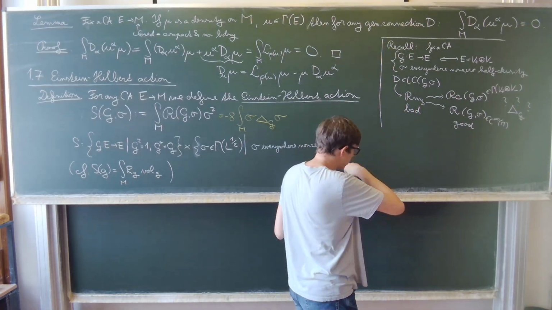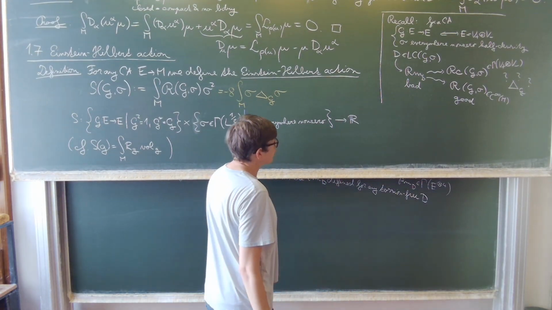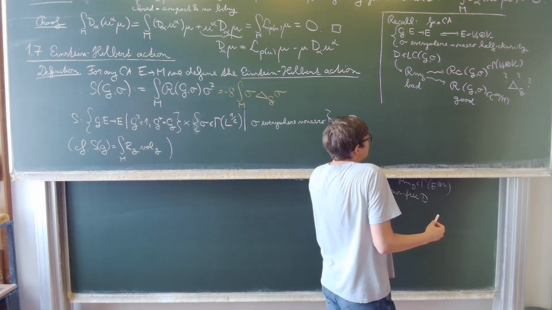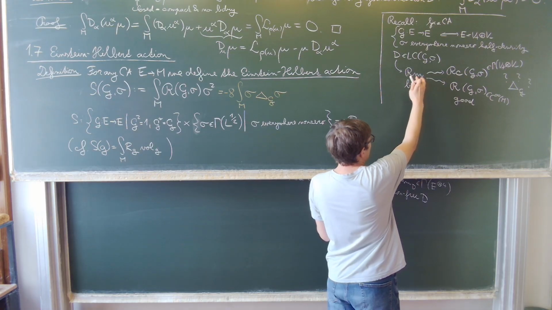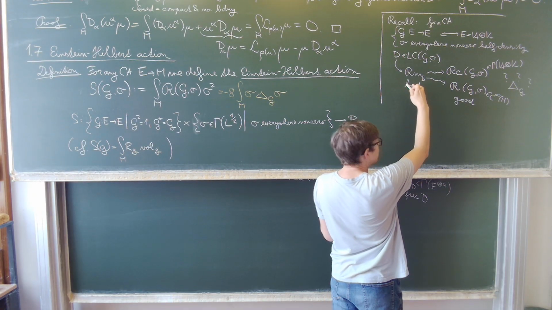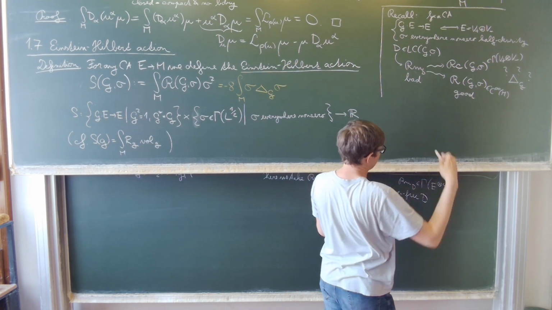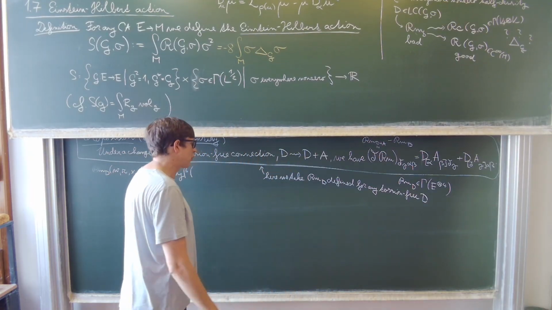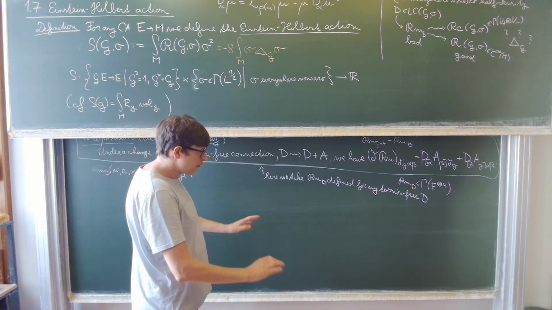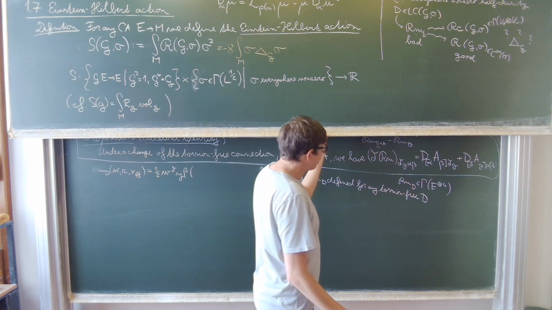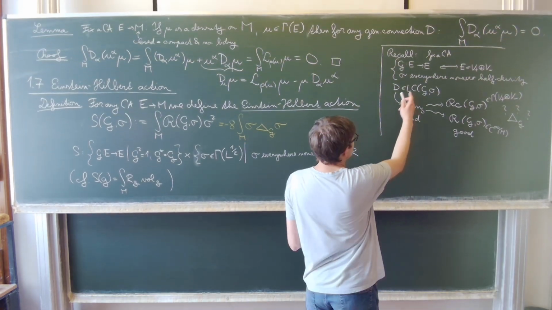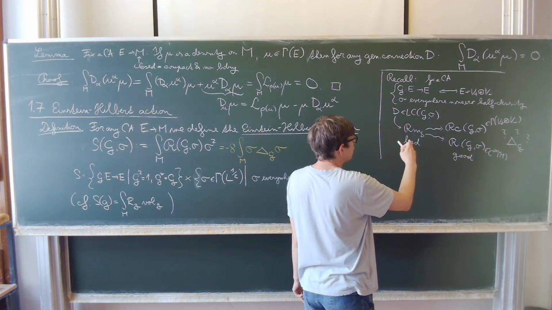But in fact, if you look at the definition and the properties of that thing, this doesn't matter. The only thing you really need in order for the propositions we had to be true is that this D was torsion-free. I should have emphasized that, but I forgot to. So everything stays the same. The only way you use the generalized metric and sigma later on is that you do.